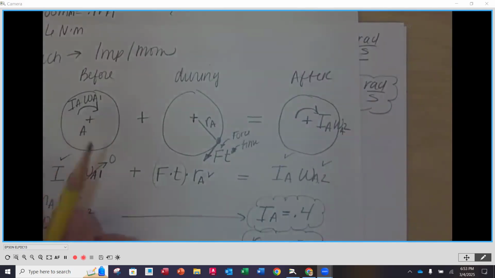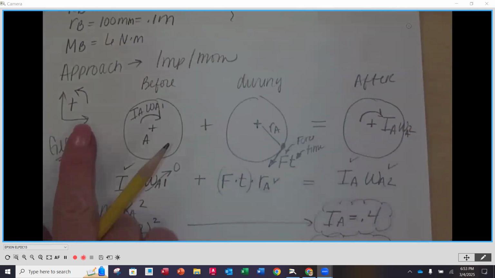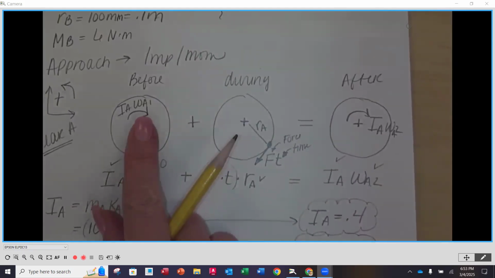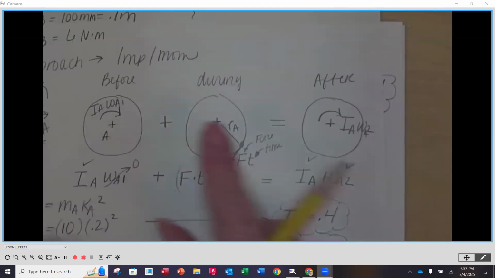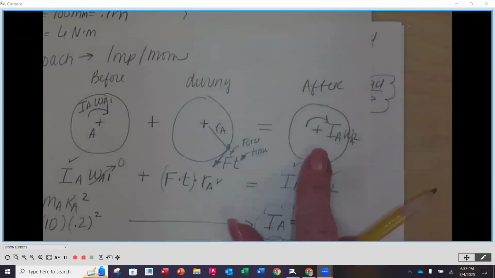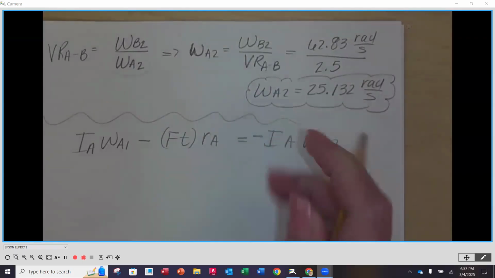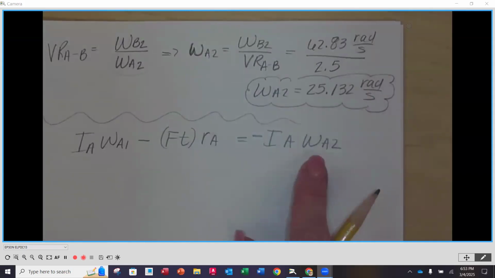Now, according to our convention, counterclockwise is positive. So my before is going, I'm assuming clockwise, so that would be negative, but it's 0 anyway. But my after, we know, is going to be going clockwise, so that is going to be negative. So when I look over here, I've got to put a negative out front on my after side, right? Okay, because the angular velocity is going clockwise.